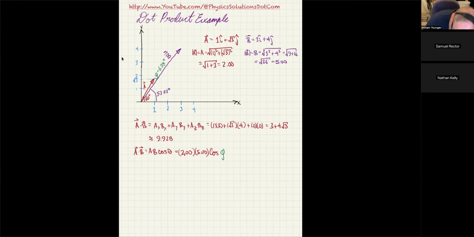So what we get here is that A dot B is also equal to 10.00 times the cosine of phi.